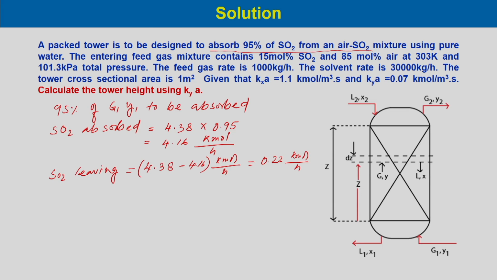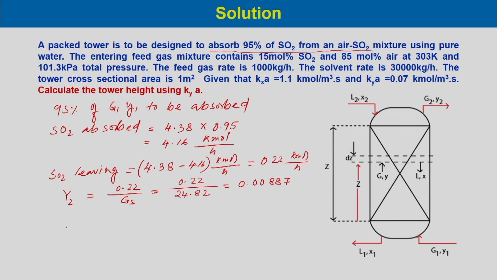Now, we can calculate capital Y2, which is equal to 0.22 divided by Gs, which is 0.22 divided by 24.82. So, this would be about 0.0887.